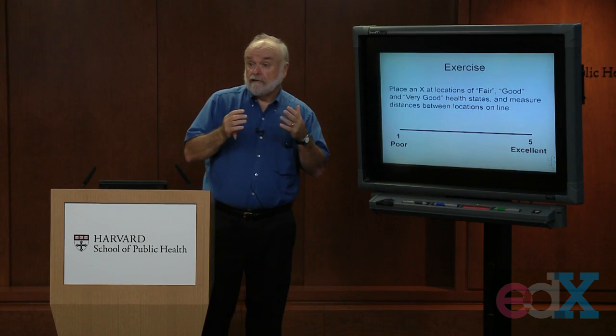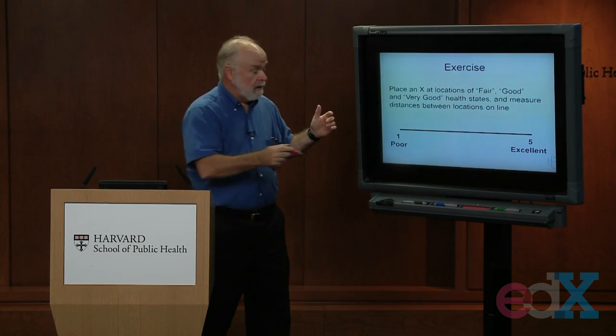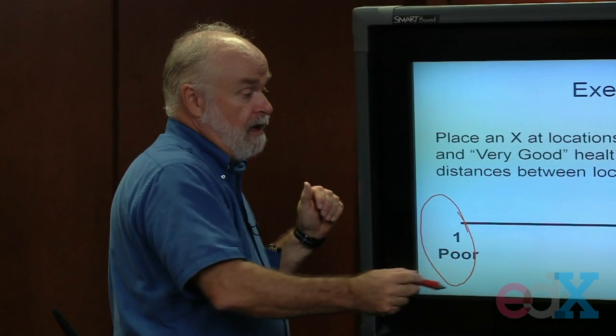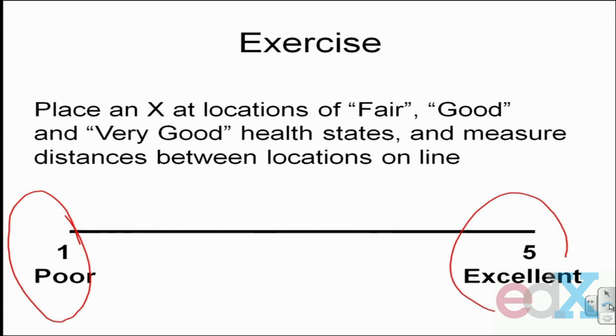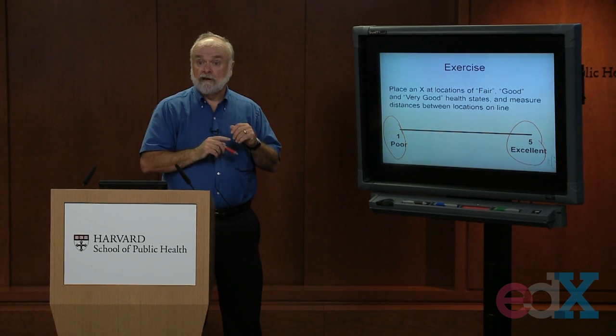So remember, what I asked you to do was to draw a line, anchor one end of the line by the worst possible health state, which was poor health, labeled by a 1. The other end of the line, anchor it by the best possible health state, excellent health, represented by the number 5.